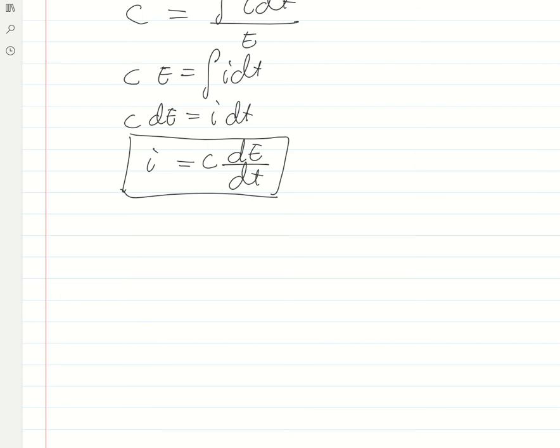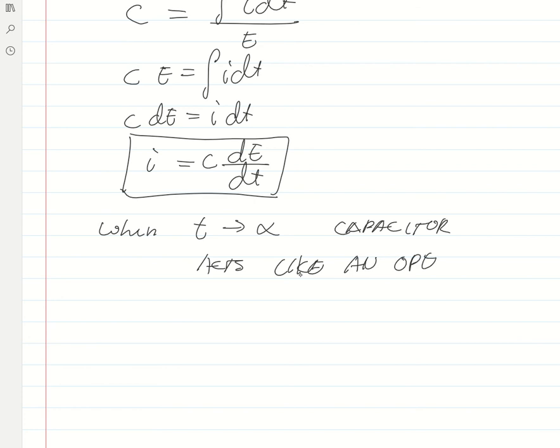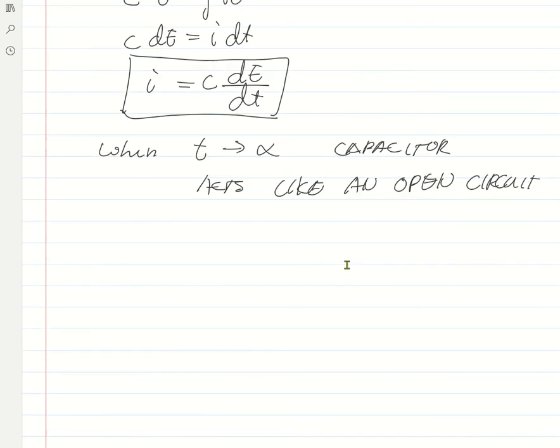So this means that when t approaches infinity, the capacitor acts like an open circuit. Why? Because the current when t approaches infinity is 0. So when it's equal to 0, there's no current flowing, then it acts like an open circuit.